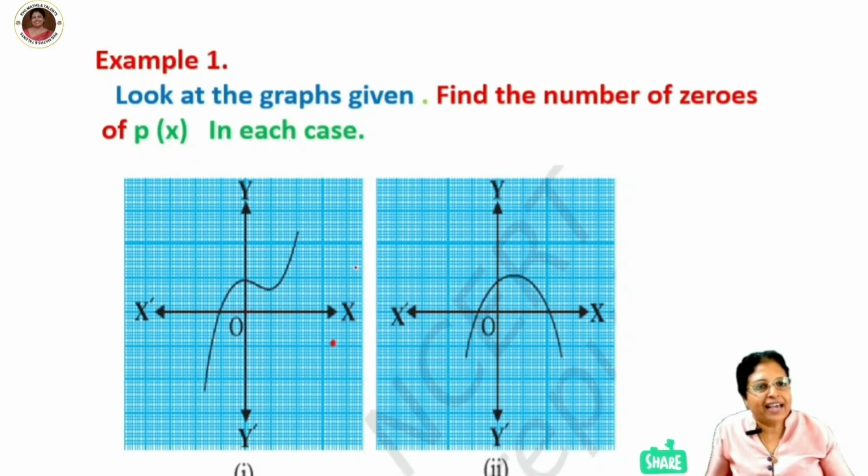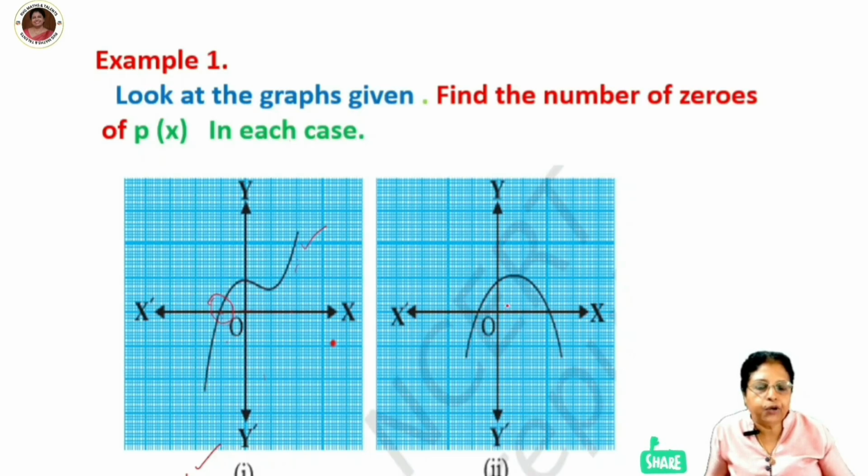See, already we have seen that the zeros of a polynomial are the x coordinates of the intersecting points of the graph with the x-axis. Is it? See here, the graph is given here. It intersects with the x-axis at this point. That means only one point. Then it has only 1 zero. So number of zeros is 1 in this case.